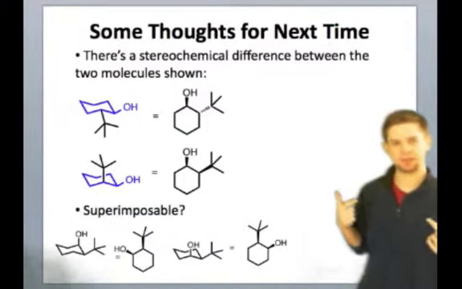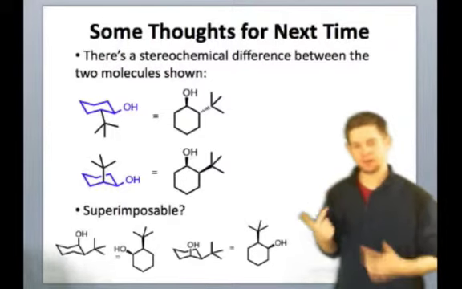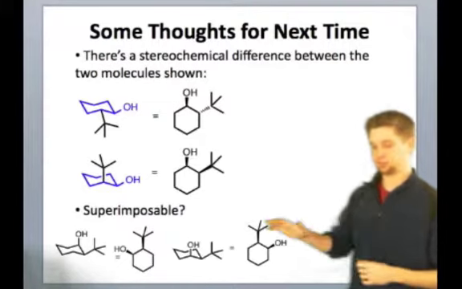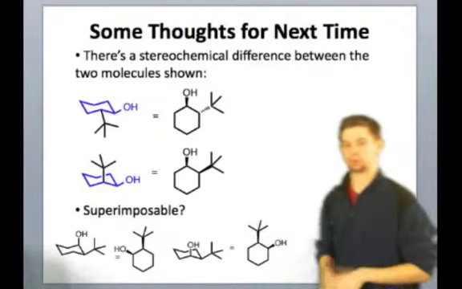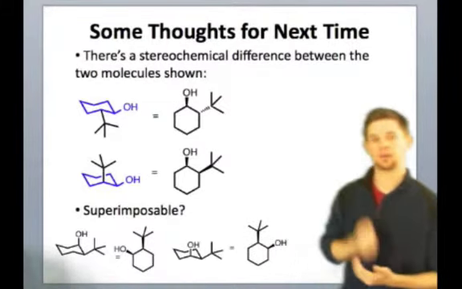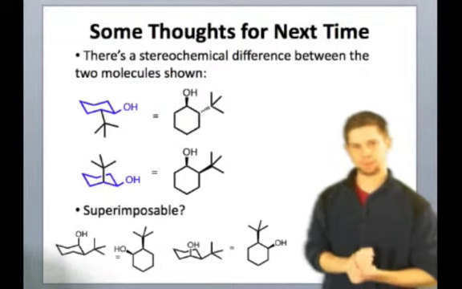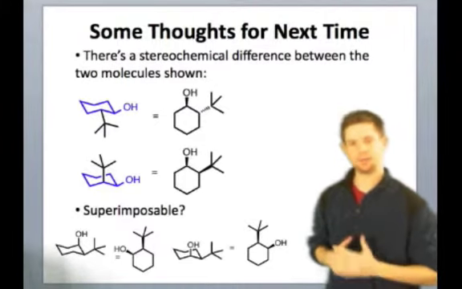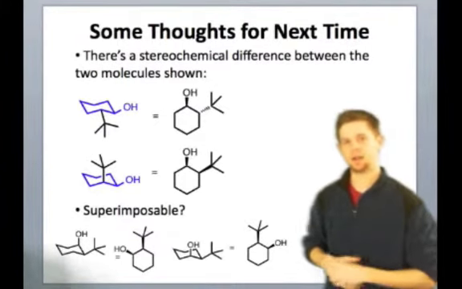The last thing I'll say is that you should get used to translating two-dimensional drawings of cyclohexanes, like those shown here, into three-dimensional representations. Oftentimes, you'll see that the three-dimensional representation, the chair form, is crucial to understanding something about the reactivity of a cyclohexane.